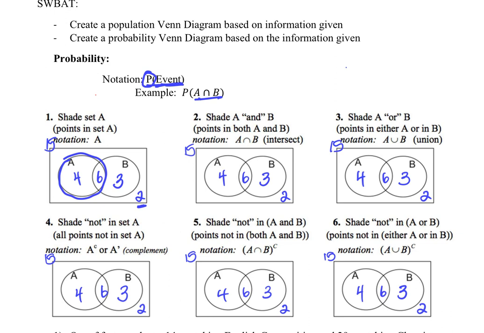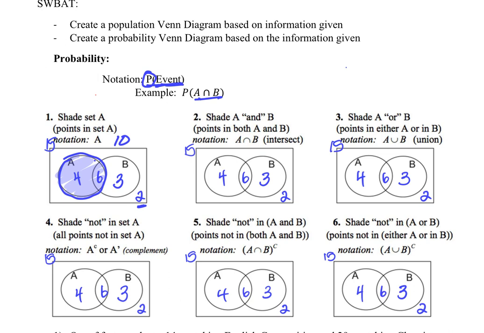It's just a visual way of representing information, and I want to go over the notation with you. Just plain old A represents A, so the number of people that can, let's say, ski is 10, because it's that full circle there.